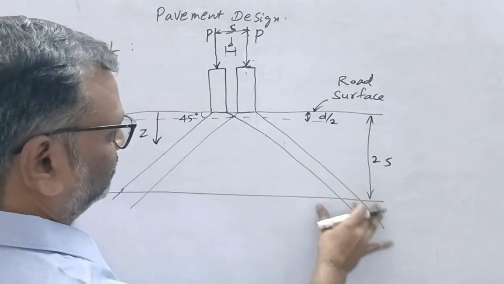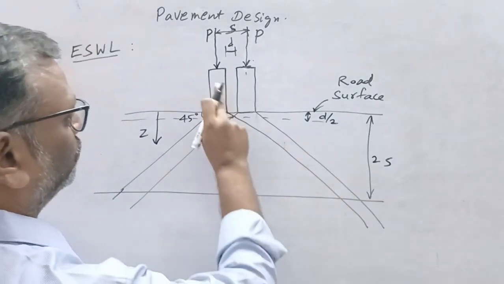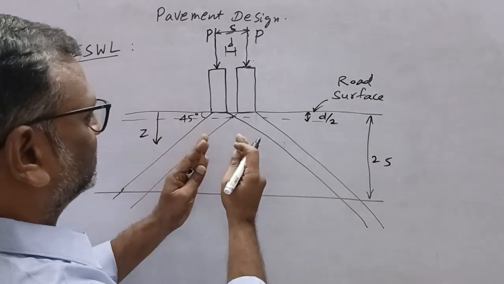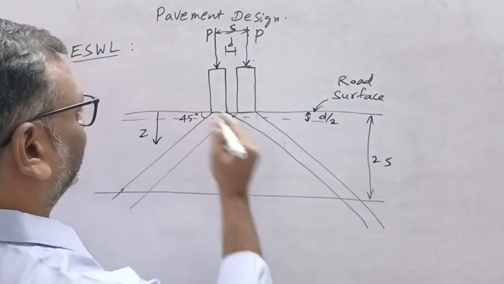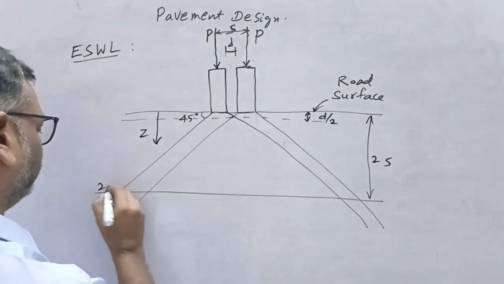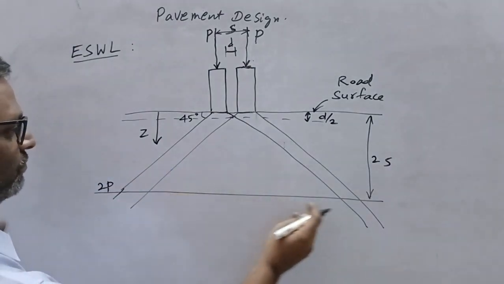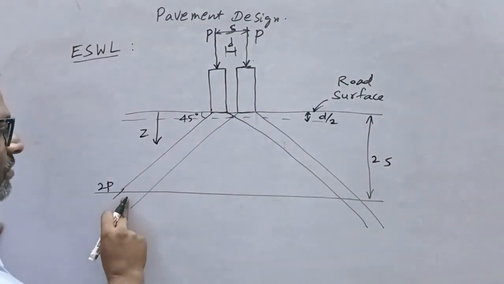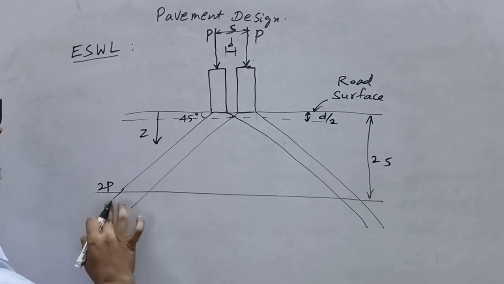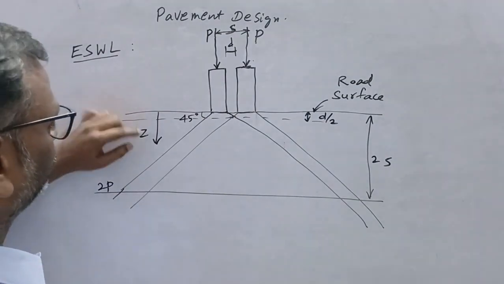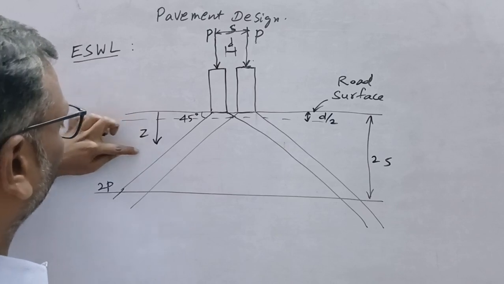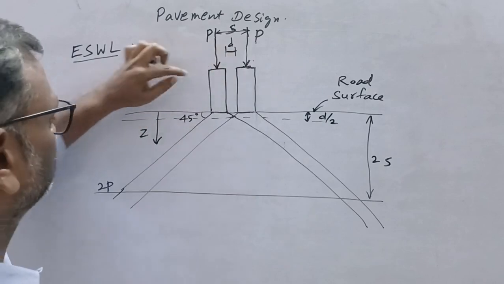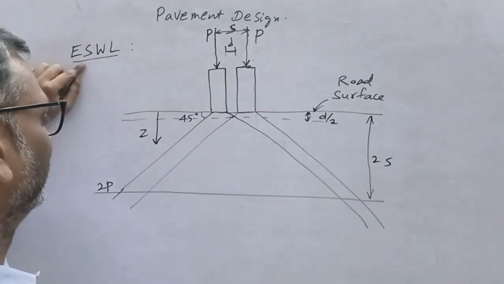It is not exactly 100%, but we will take it as 100%. So the individual loads will be combined as a single load taken as 2P. At a depth of 2S, the two loads act as a single wheel of load 2P. In between, at whatever depth we need, we can convert these two loads into an equivalent single wheel load.